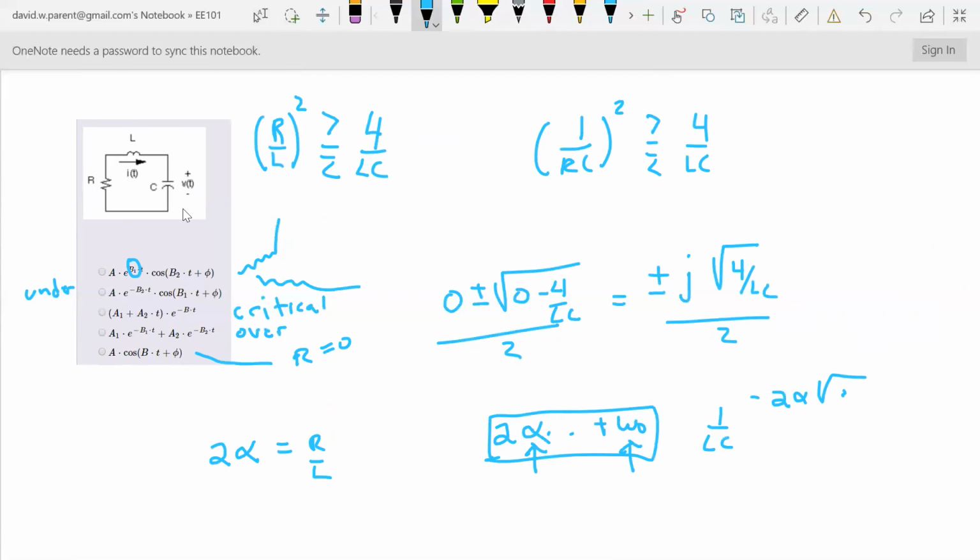Then we tie in imaginary numbers, but you've got to know the circuit analysis, the impedance, the quadratic equation, and then what these things mean. Every time you see cosine or sine, there's an imaginary number in there somewhere. Two real roots, that's kind of easy because that's just two exponential decays. One root repeated, I don't have an easy way to remember it, but when you have a t times the exponential decay, that's just critically damped.